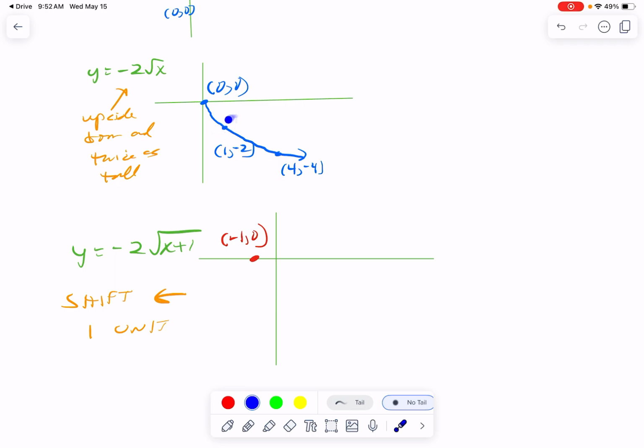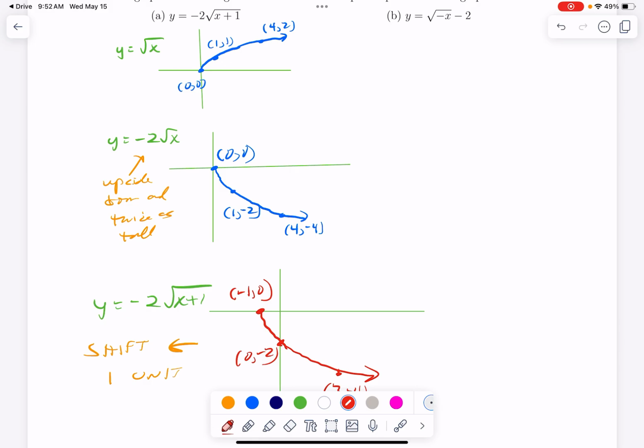I had a point at (1, -2). If I shift that to the left, it's at (0, -2). I have a point here at (4, -4). If I shift that 1 unit to the left, it is at (3, -4). And I connect them like so, and this is my graph.